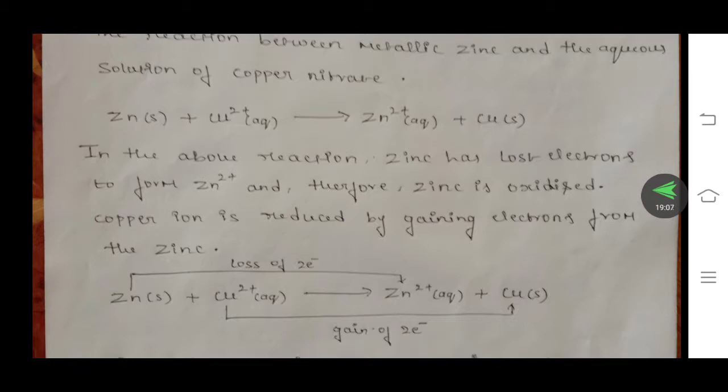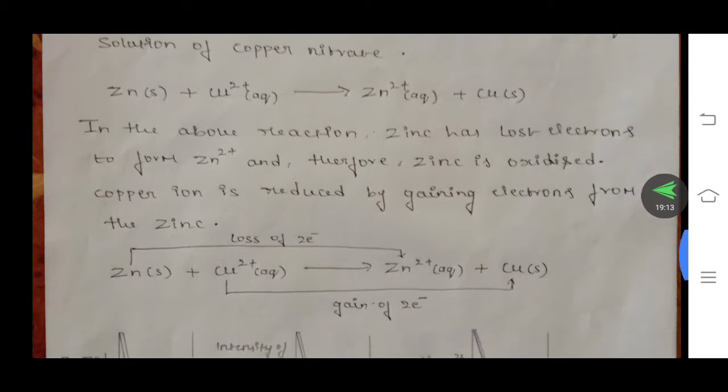Next, the copper ion is reduced by gaining electrons from the zinc. Cu2+ aqueous converting into Cu solid, it is gaining 2 electrons. If any species is gaining electrons, it is undergoing reduction.